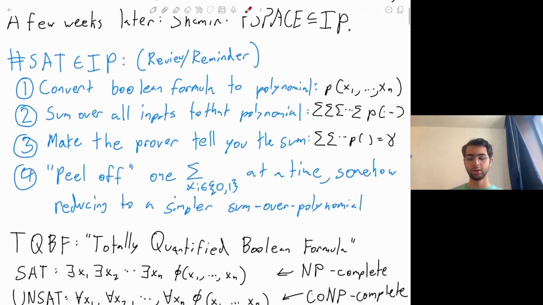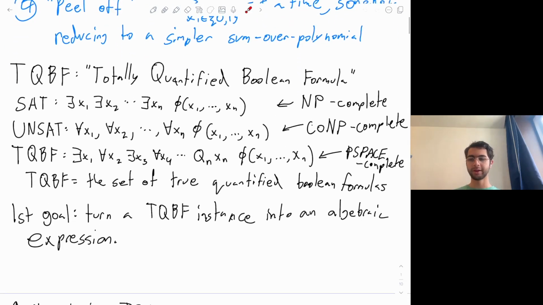Okay, so with that, a little more background, we need to talk about what TQBF actually is. It stands for Totally Quantified Boolean Formula. And I find this easiest to understand by looking at examples. Like SAT, you have exists x1, exists x2, all the way to exists xn for your n variables, and then some formula. UNSAT is the same thing with for all quantifiers instead of exists. And then TQBF is this alternating list of quantifiers.